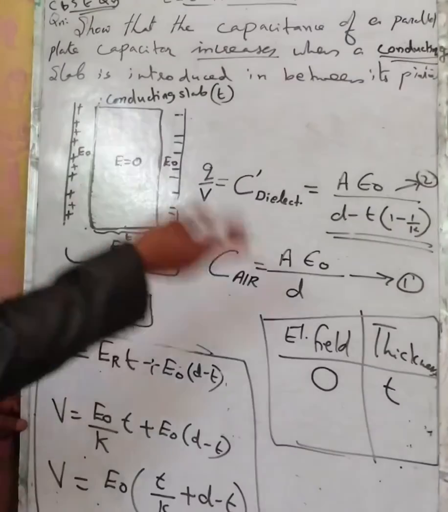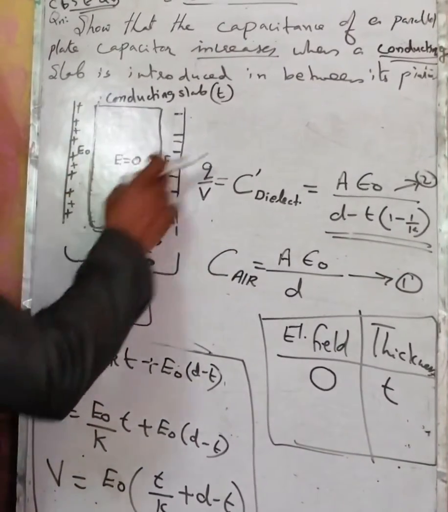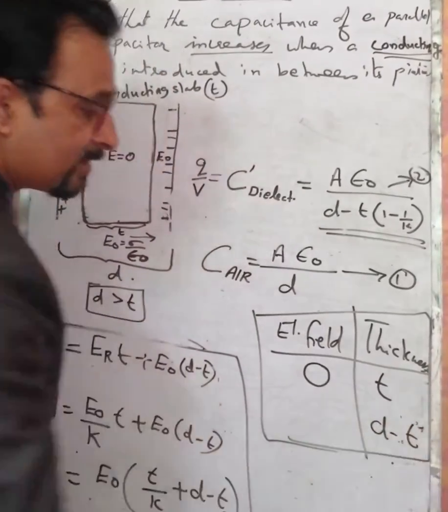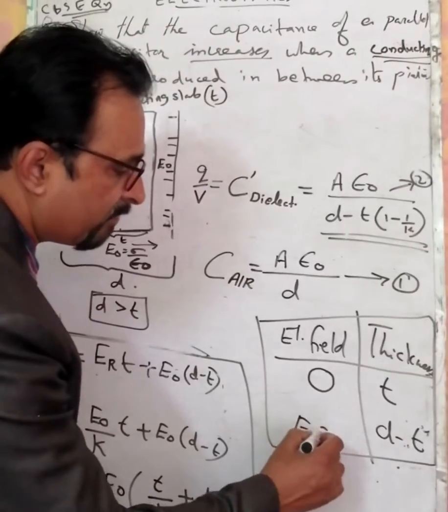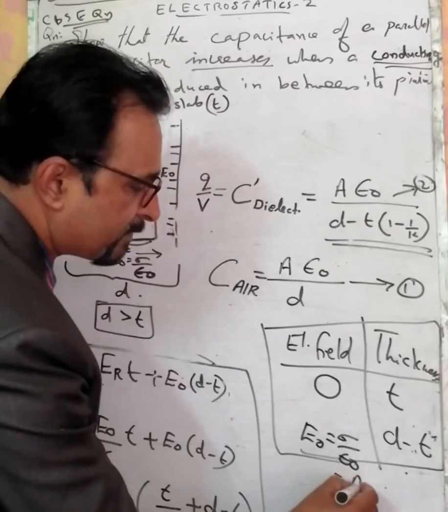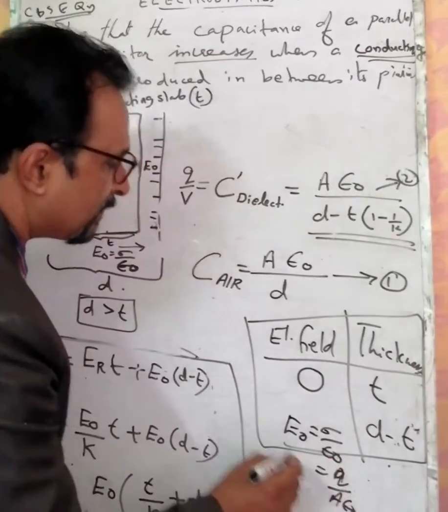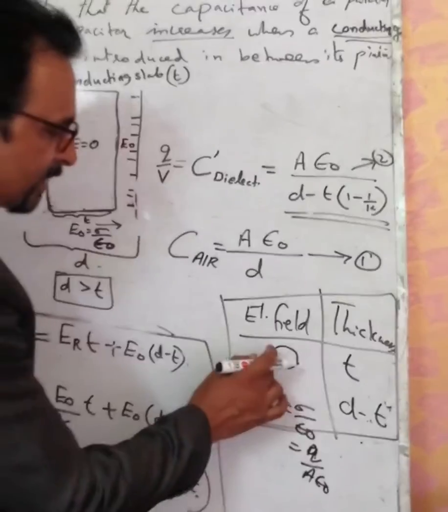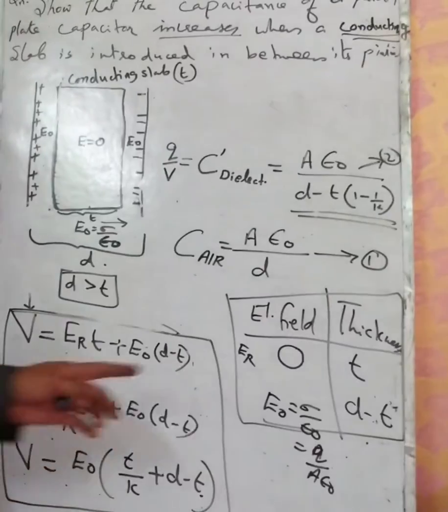And for the remaining thickness, d minus t, which stands for the left side gap as well as the right side gap together, how much electric field is existing? It is your E naught itself, and that E naught is equal to sigma by epsilon naught, and sigma by epsilon naught is Q by A epsilon naught. This is the behavior. Now in the previous case, if it is a dielectric slab, the 0 is not there. Instead of 0, E_R is there. So that is the only difference, and the rest is the same.